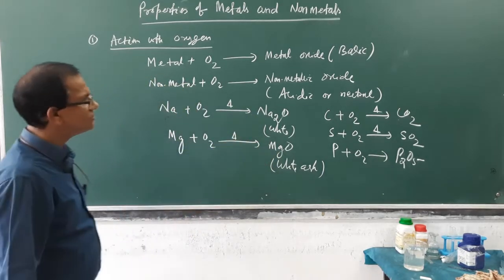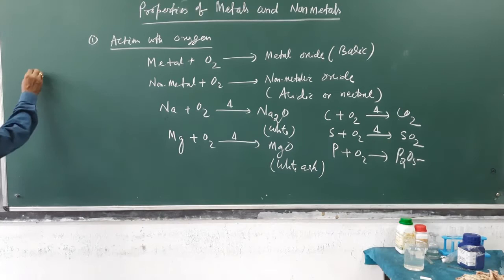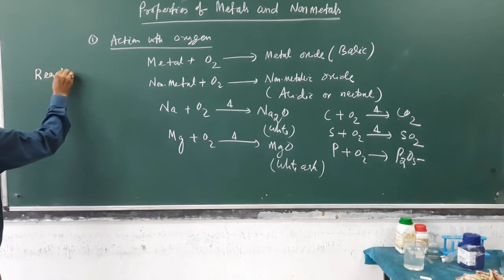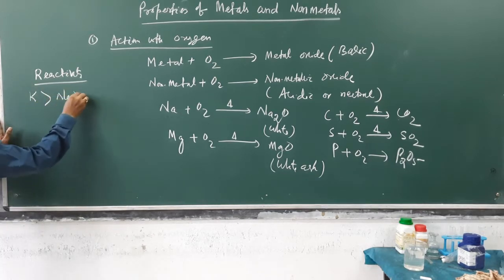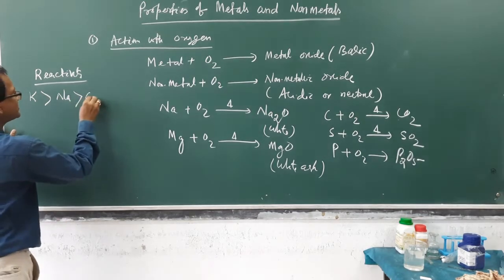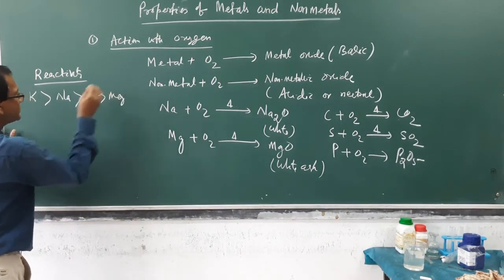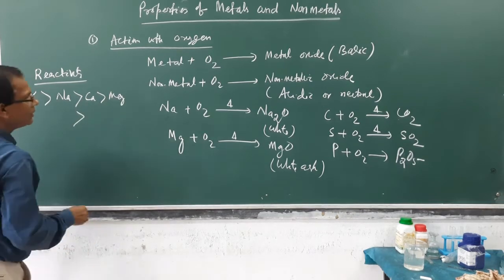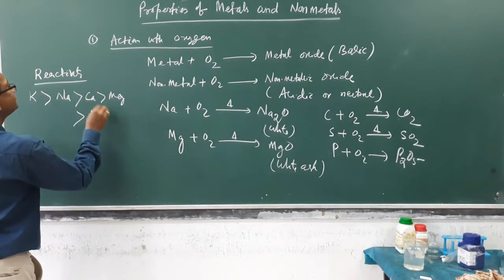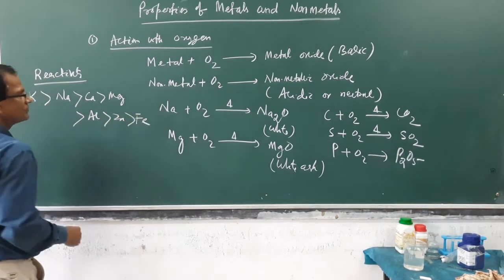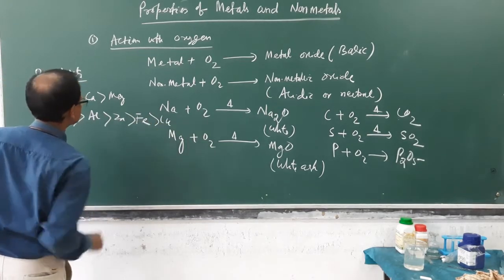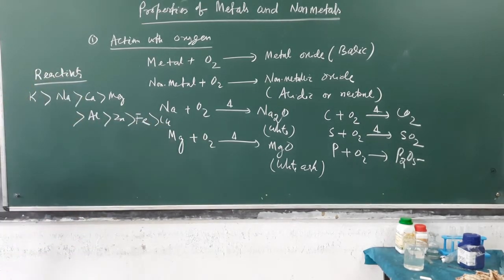If you see the reactivity order of metals, the first one is potassium, greater than sodium, greater than calcium, greater than magnesium, then aluminium, then zinc, then iron, copper, like this. This is the reactivity order.